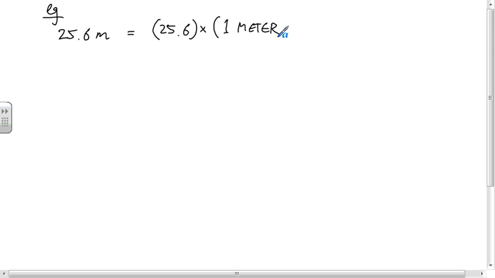For example, think of 25.6 meters as being the number 25.6 times the unit of 1 meter. And then when you do calculations involving these quantities, you treat the units the same way you would treat an algebraic variable.